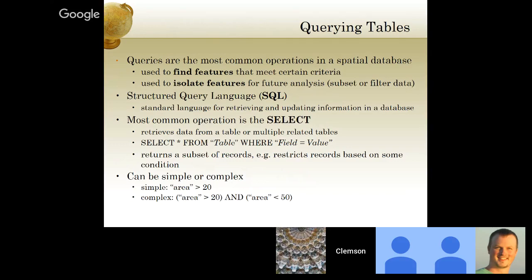We generally build this type of statement here in the middle. We're going to select from our table of attributes where a field equals some value, or is less than some value, or greater than some value, and so on. It's going to give you a subset of your data that meet those conditions.